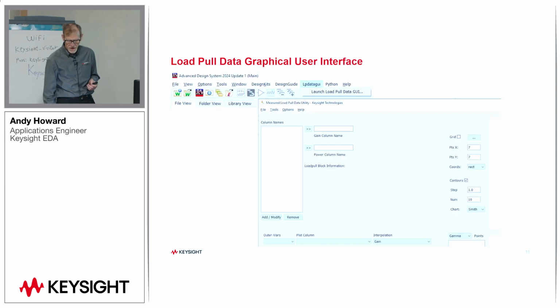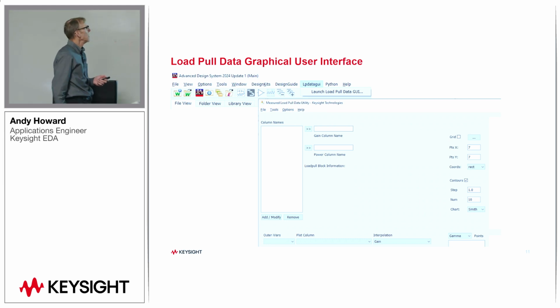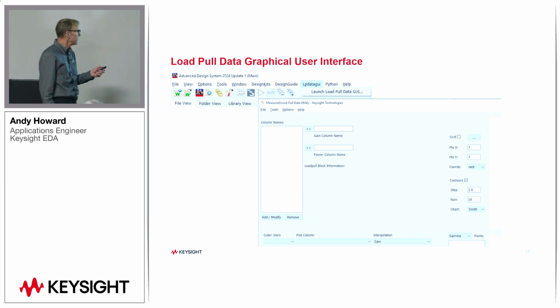This is a relatively new tool that we've introduced in ADS 2024, and it's an add-on. It's a graphical user interface for bringing in measured load pull data, and it's based on Python.